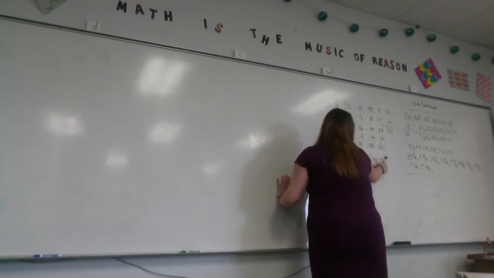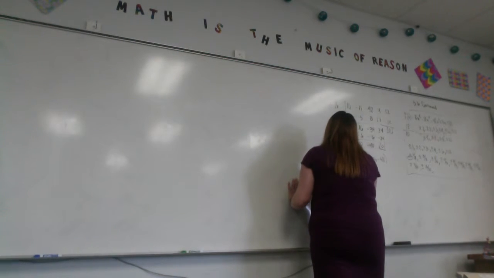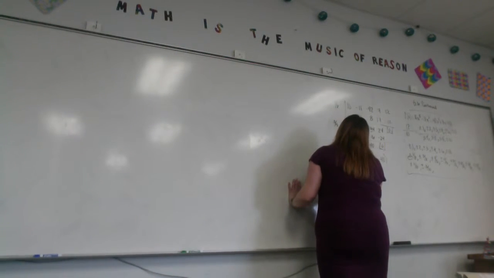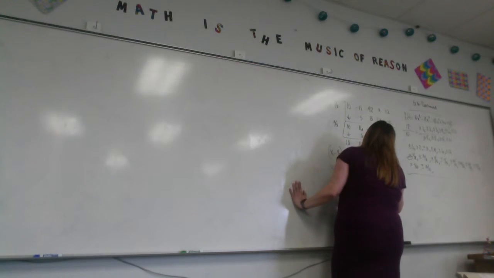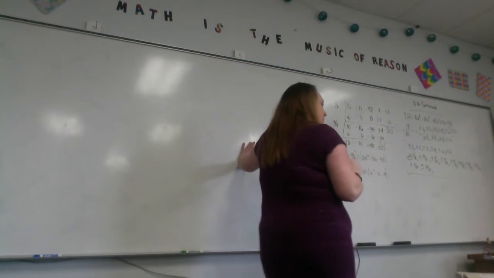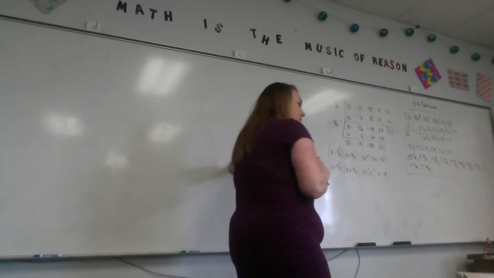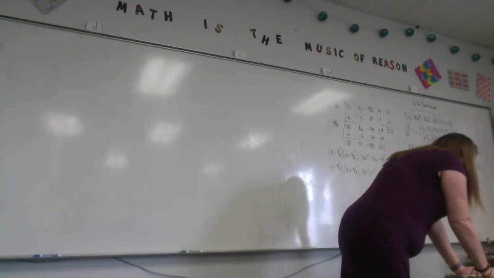What can I take out of all of that? 10. So I can make it a little easier. What multiplies to give me negative 4 and adds to give me negative 1?